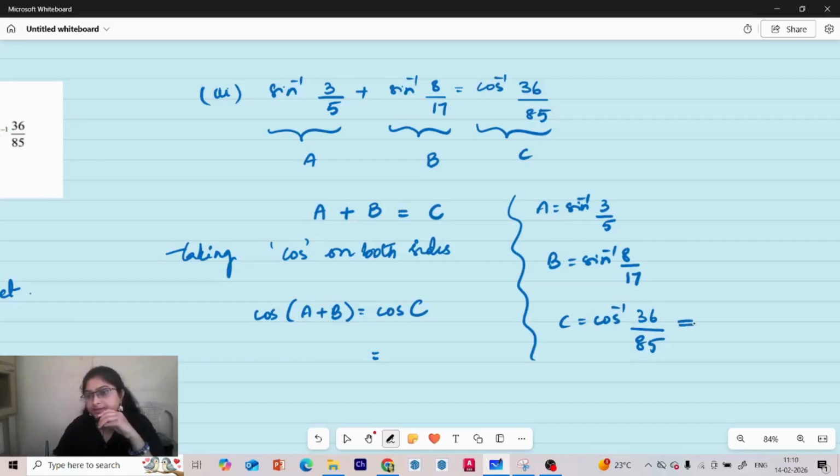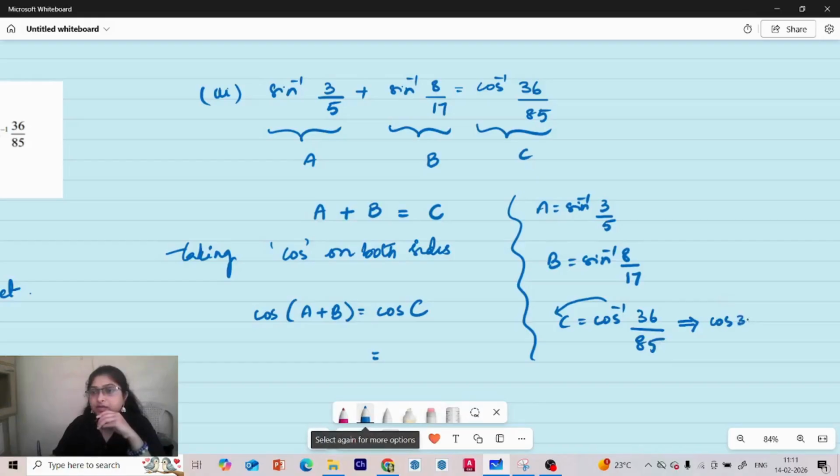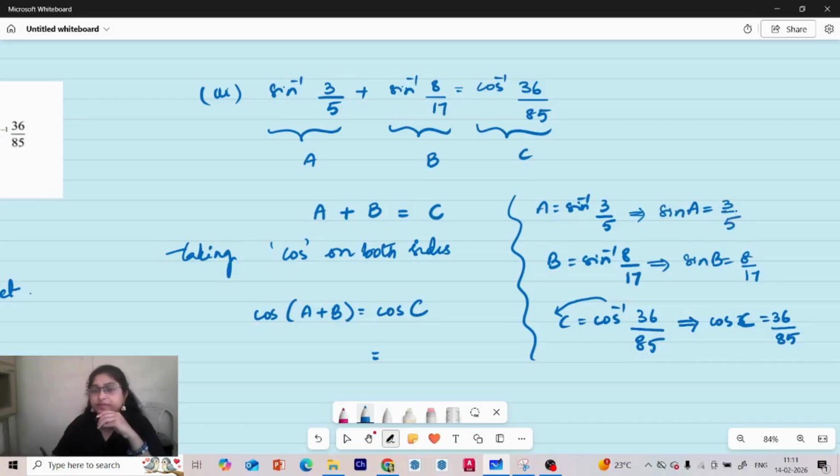If we take the inverse across, cos c is equal to 36 by 85. And from here, taking sin inverse across, sin b is equal to 8 by 17. And sin a is equal to 3 by 5.